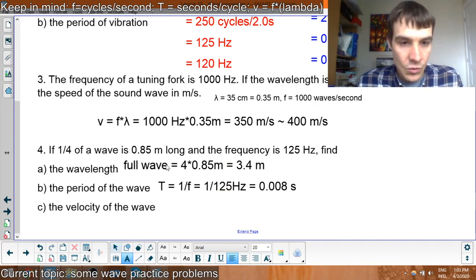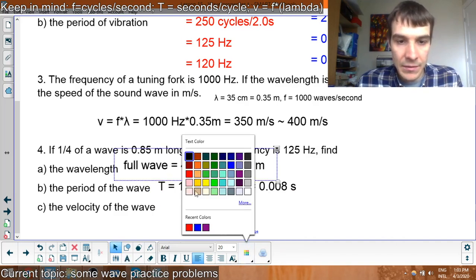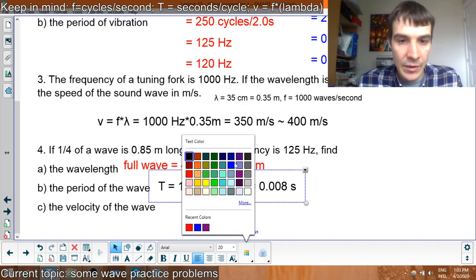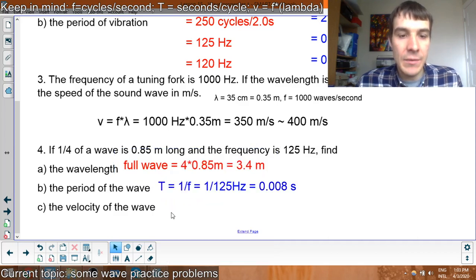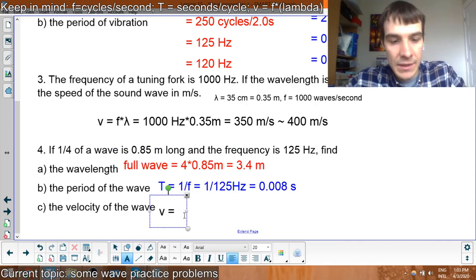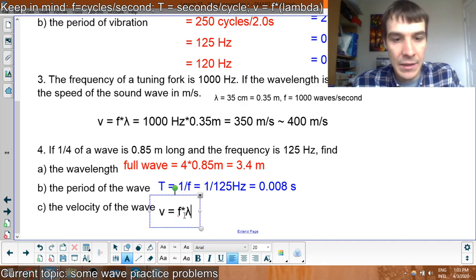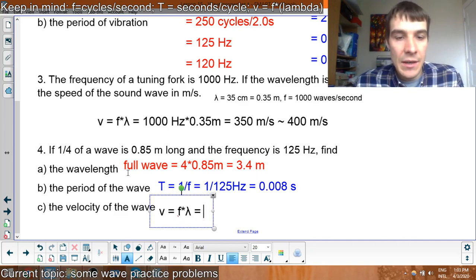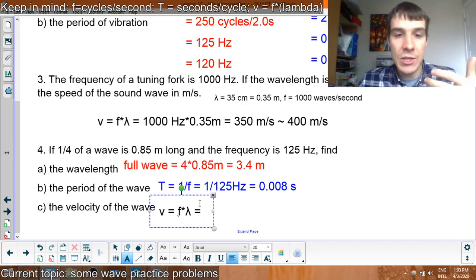I'll change some colors here real quick. Red, blue. Now the velocity of the wave, we have the expression v equals f lambda. So which one are we taking here? What are we taking from our question?